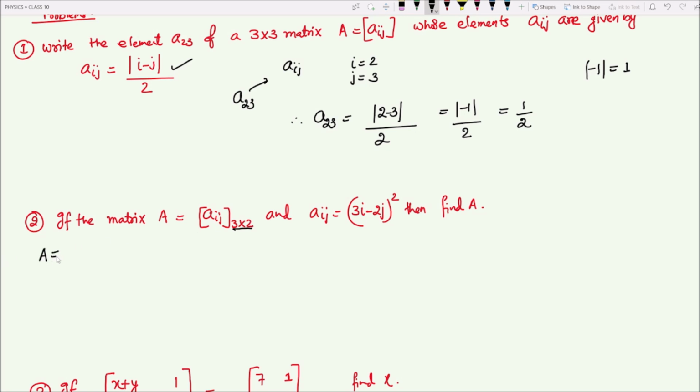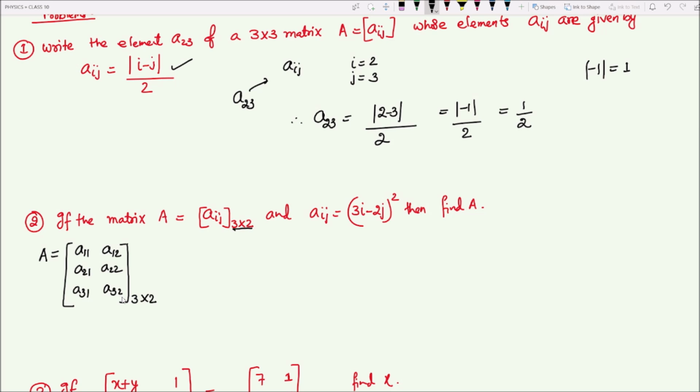So A is equal to A11, A12, A21, A22, A31, A32. This is the matrix formation of A having 3 rows and 2 columns.